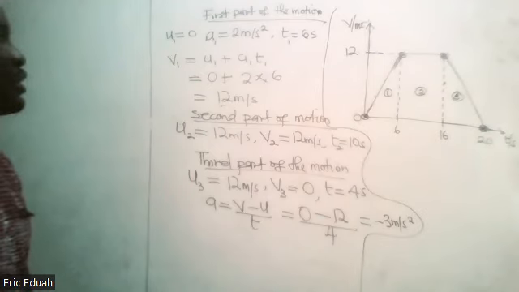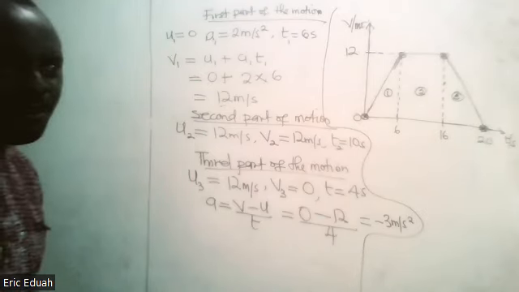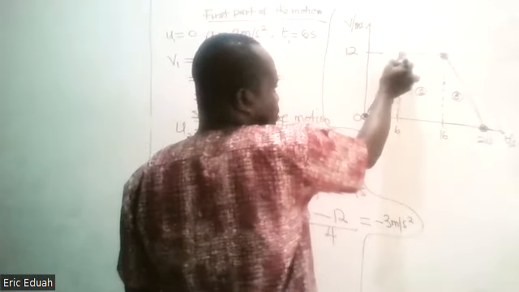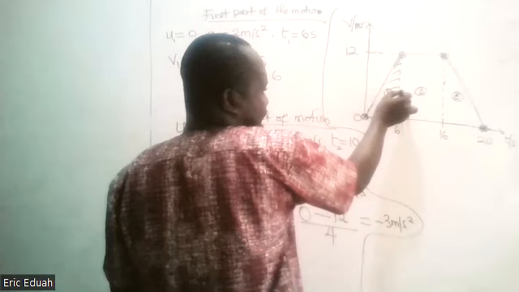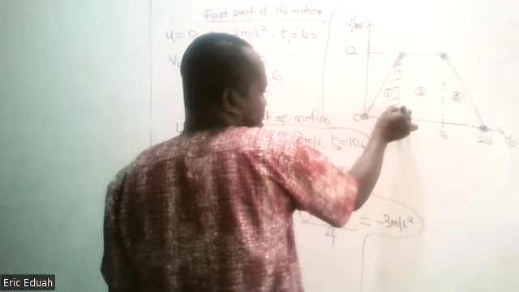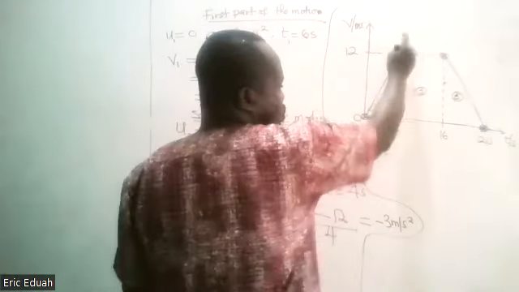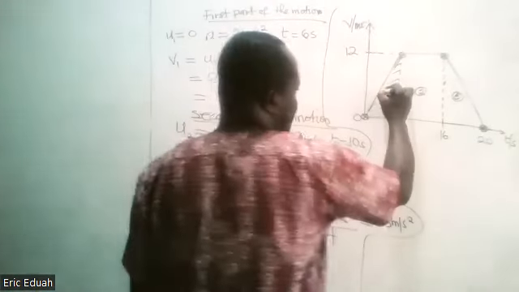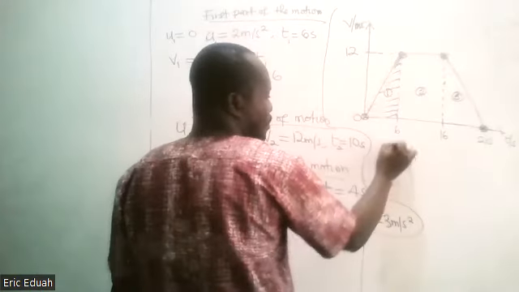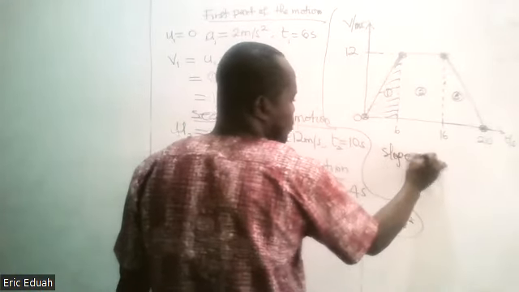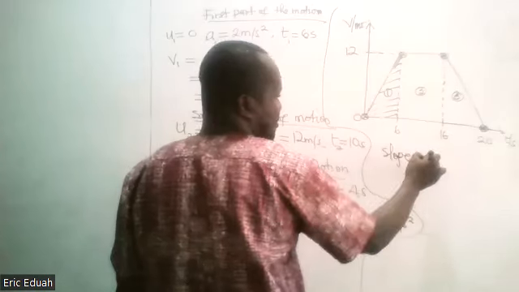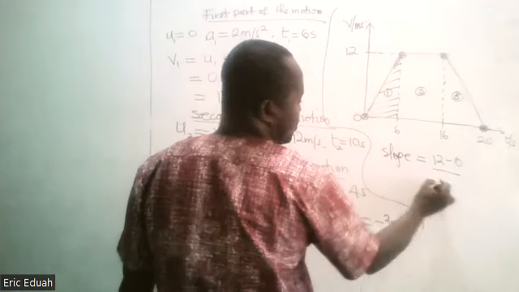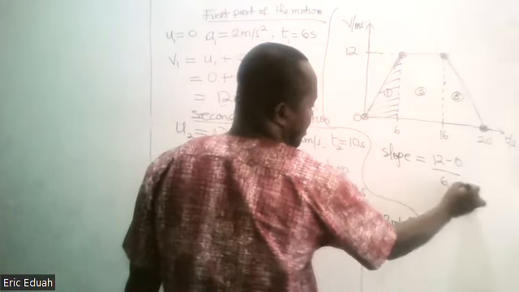In the first part of the motion, we have a uniform acceleration. If I find the slope of this shaded part, I have the acceleration of the body. Slope or gradient is equal to the change in the vertical, 12 minus 0, over the change in the horizontal, 6 minus 0.